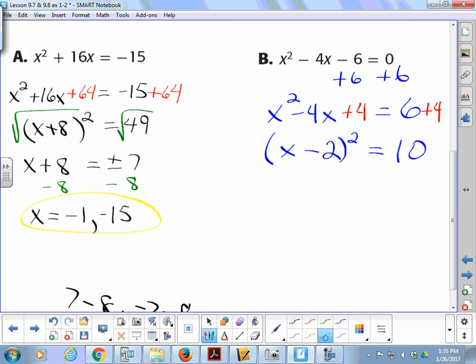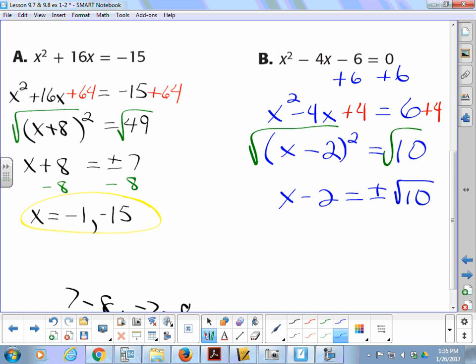So once again, we have something squared, a binomial squared equals a constant. So we take the square root of both sides. So we get x minus 2 equals plus or minus the square root of 10. Now, in these problems, if you have a radical that you cannot simplify, because it's not a perfect square, you're just going to leave it as it is.